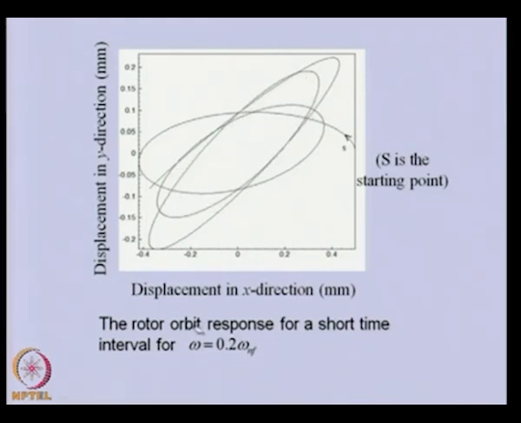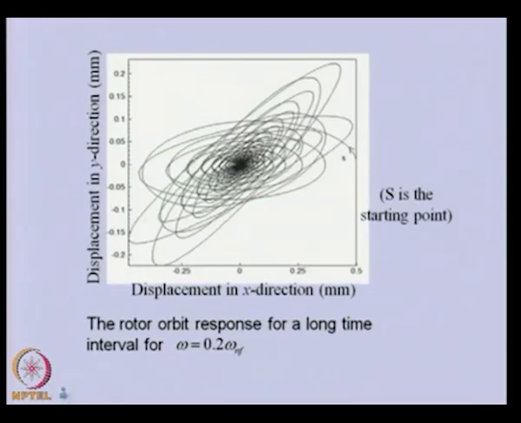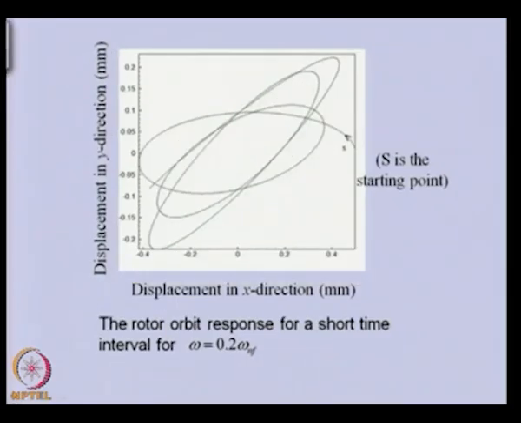This is for a very short duration of time, but if we take more time, we can see that we started from here and gradually it is converging toward this point. Because clarity is not there, initially we showed this for a very short duration, but after some time it goes to here, as we have seen in the very first slide also.